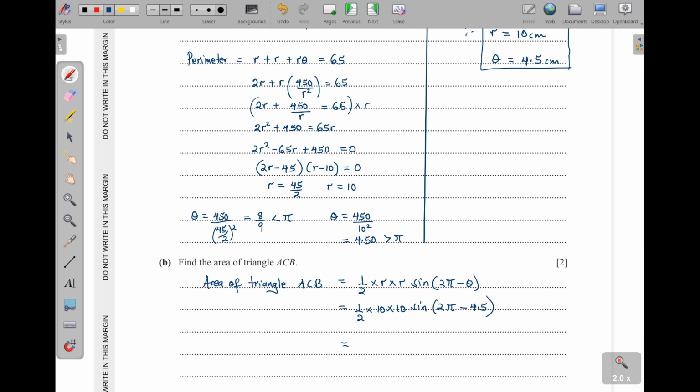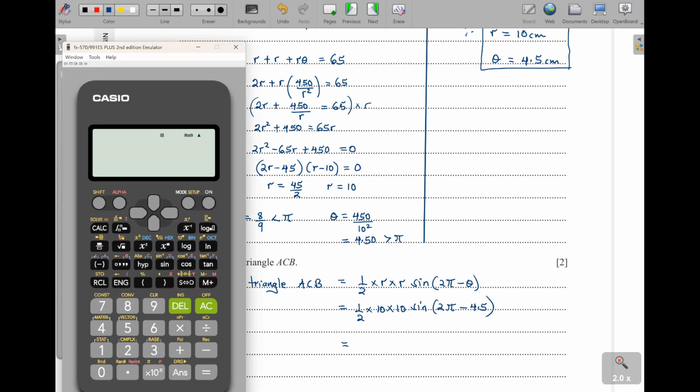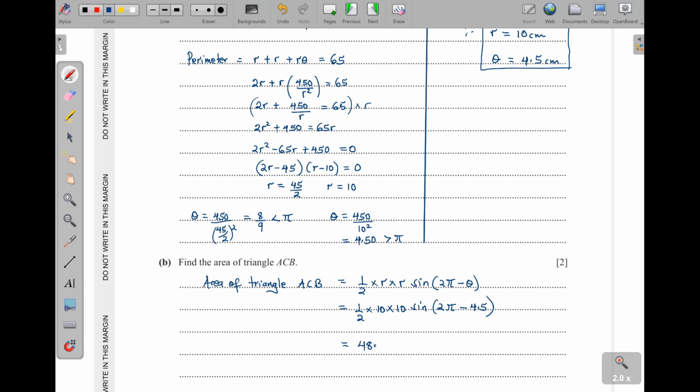So what we get altogether to 3 significant figures. My calculator here is in degrees, so I'm going to turn it to radians, shift then mode, rad is 4. Then 100 divided by 2 gives us 50, then sine of 2 pi minus 4.5. And we get 48.9 to 3 significant figures. 48.9 centimeters squared. As simple as that.